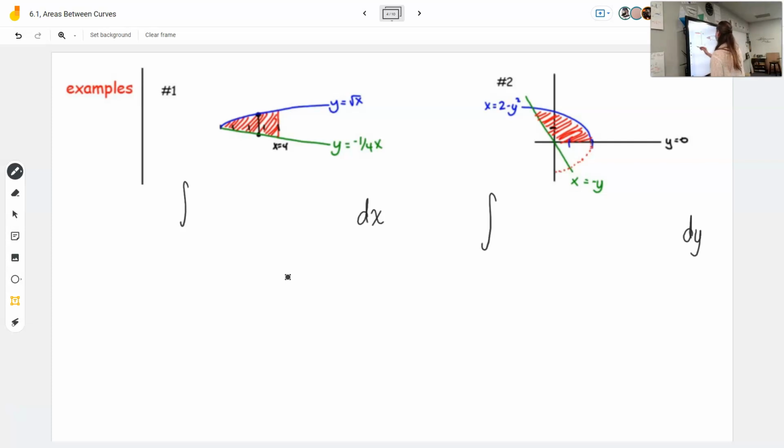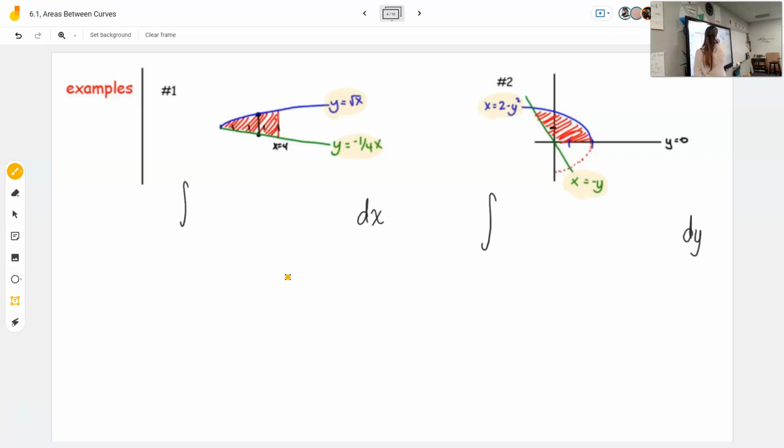What do you notice about the difference in what's given here versus what's given here? Do you see it? What are we in terms of here? We're in terms of f as a function of x.